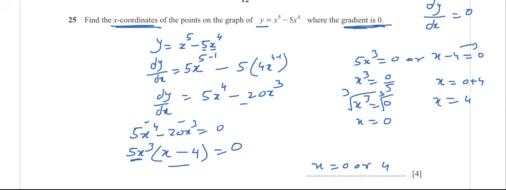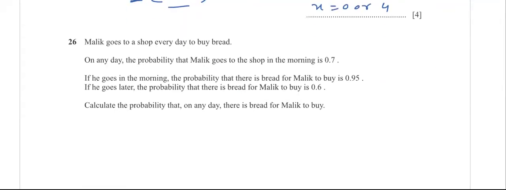And finally, the last question of this paper. Malik goes to a shop every day to buy the bread. On any day, the probability that Malik goes to the shop in the morning is 0.7. So write this probability of going in the morning: the probability of morning is 0.7.